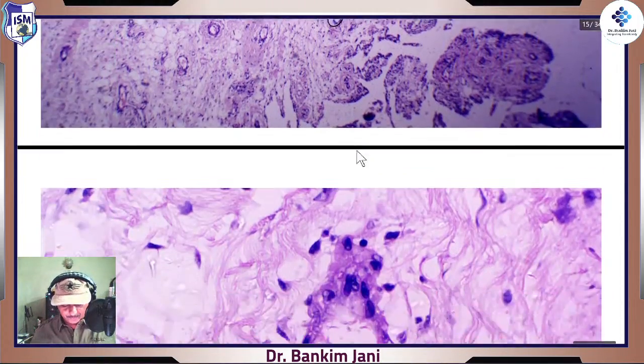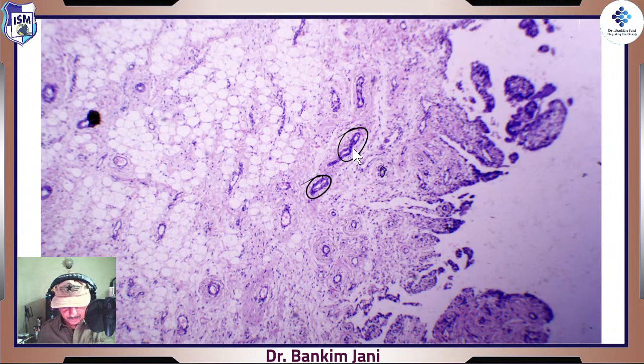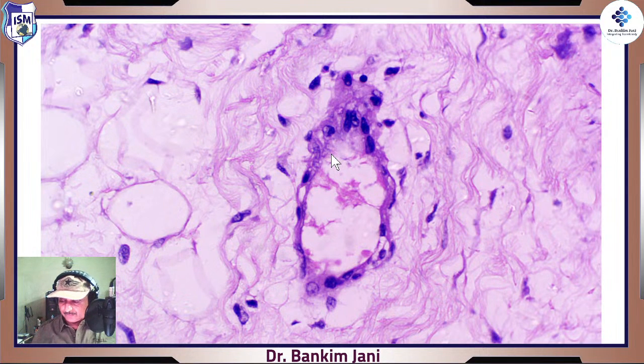This is the same thing. Over here, we are picking up this part. Now we are zooming in and we see how difficult it is to figure out where the cells are.